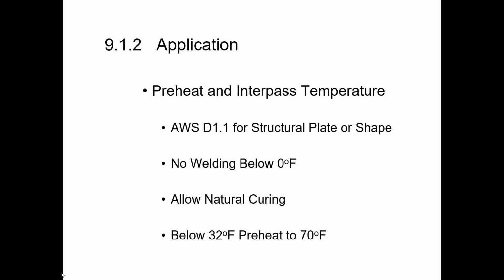And then that fifth one we already looked at, and it says when the base metal is below 32, it's got to be preheated to 70. So if it was 0 degrees outside, you can't preheat the bar to 70. It just says you cannot weld when the ambient temperature is lower than 0 if that's the environment you're welding in. Now, if you're in a nice warm weld shop, obviously the ambient temperature inside that weld shop will be something probably closer to 60 degrees, so you're probably fine there.